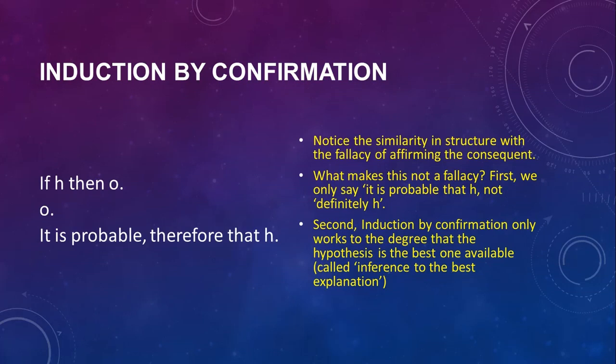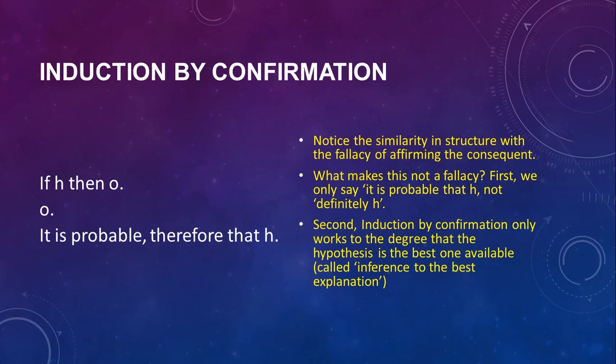So here's the fallacy of affirming the consequent: if x then y, y, therefore x. Formally speaking, that's a fallacy. But you can make it not a fallacy by saying if and only if. That's kind of weird, right? That should strike you as weird.